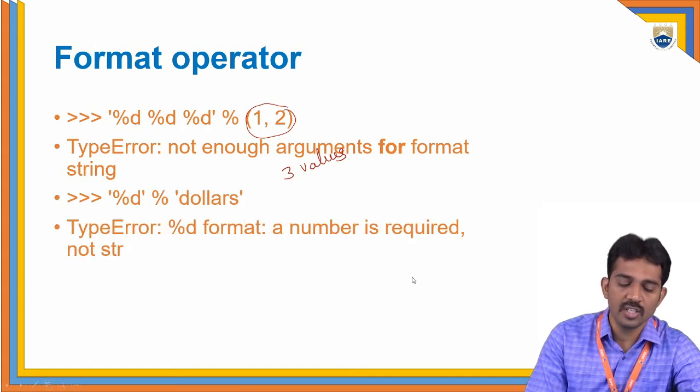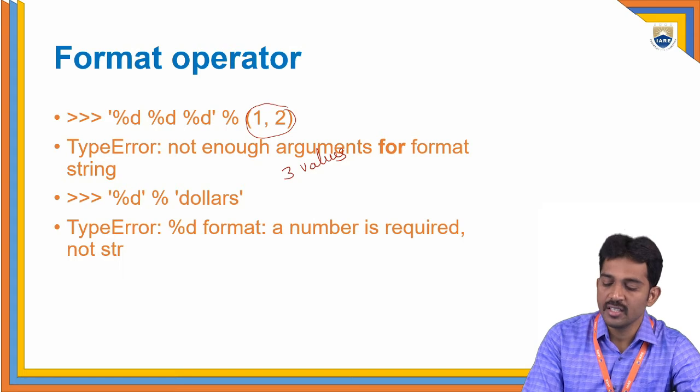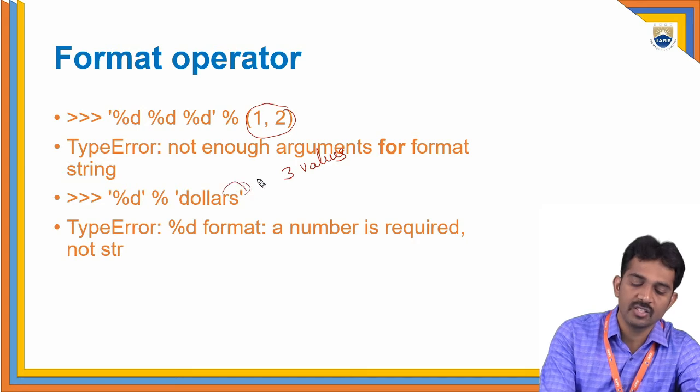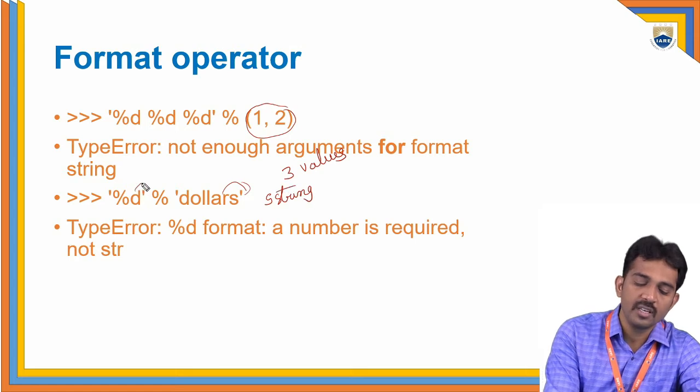See, one more thing. What is the error here? Exactly. You have used a dollar, but what is that? You mentioned it in single quotes, and single quotes mean by default it is a string. But what you're going to print is an integer.